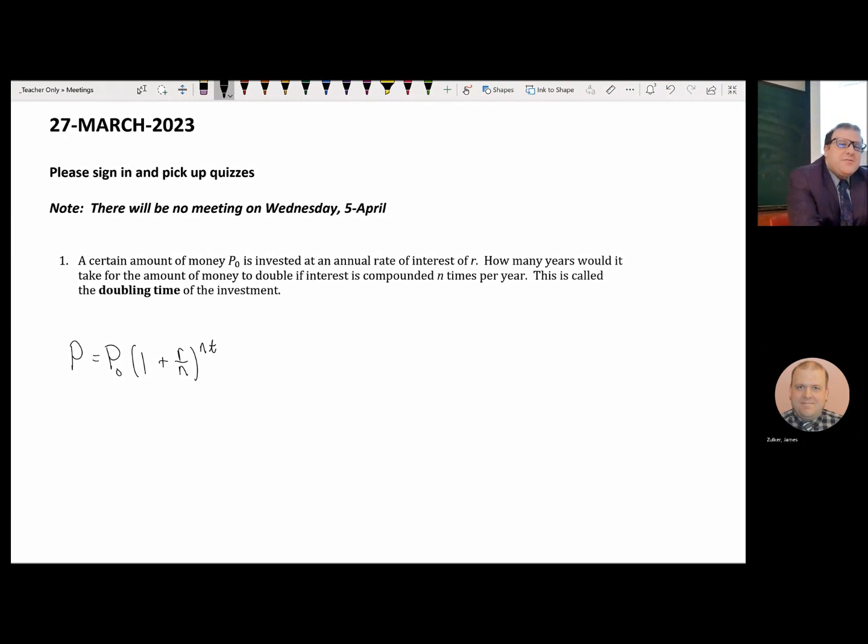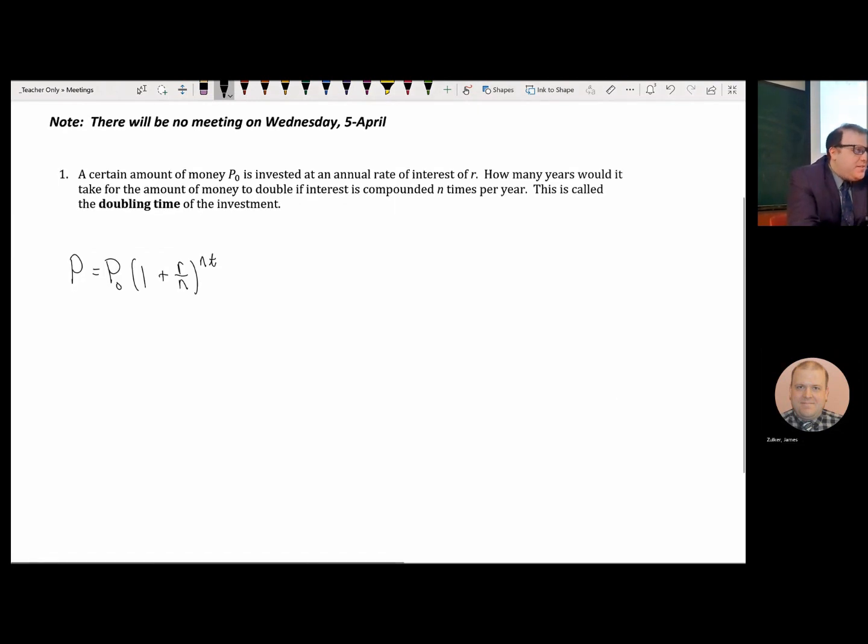So we start with the model. Remember, compound interest: P equals P naught times quantity 1 plus R over N raised to the N times T. To double, P would become 2P naught, right?